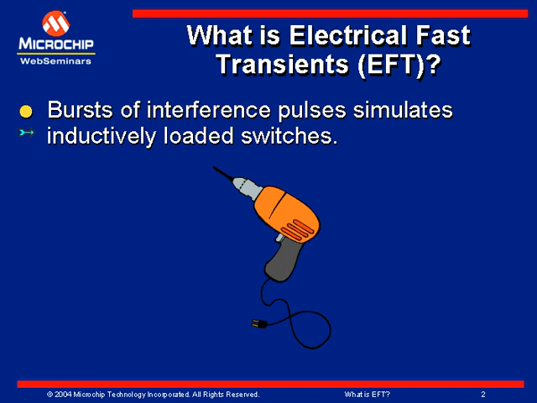If you have your freezer in your garage and you operate your power drill next to it, you don't want your freezer to get affected by the noise generated by the power drill. If your compressor starts acting weirdly or starts switching, or your display blinks, are you going to keep it at the freezer? If the answer is no, that's the reason why the appliance industry cares about EFT.